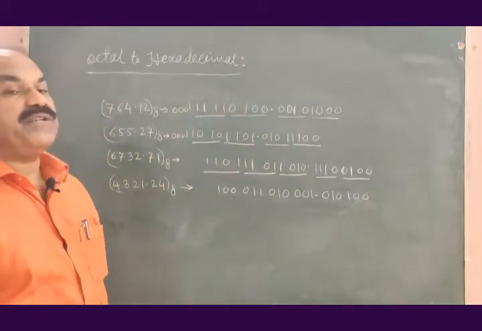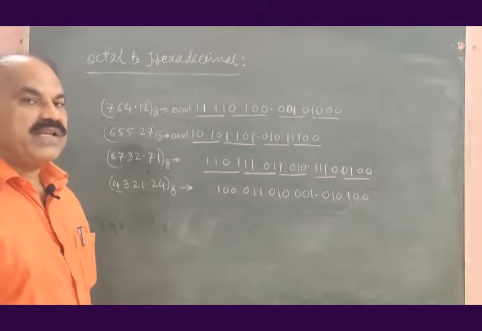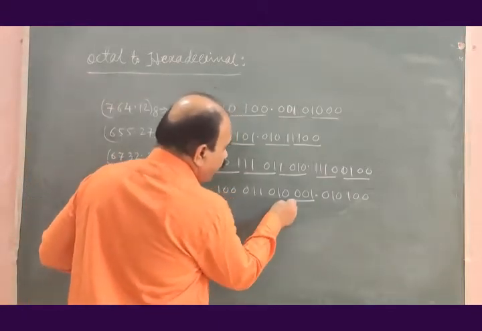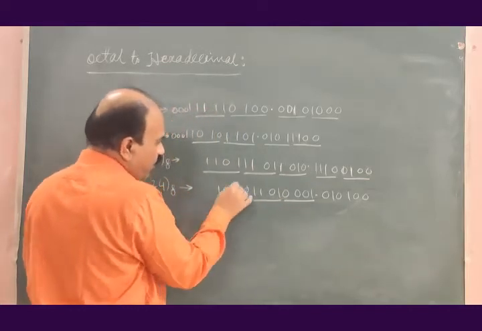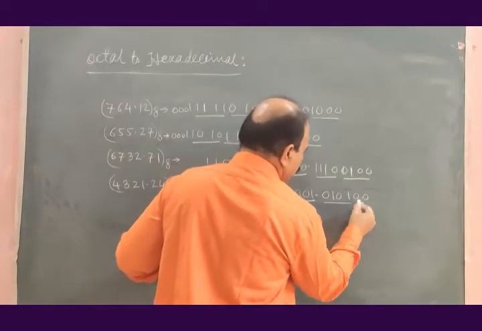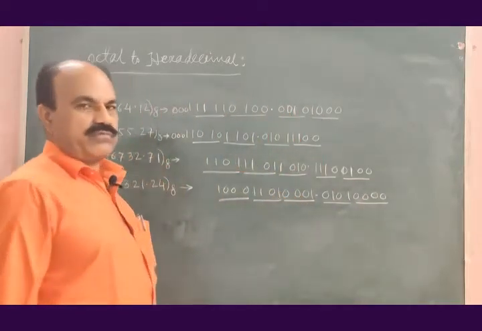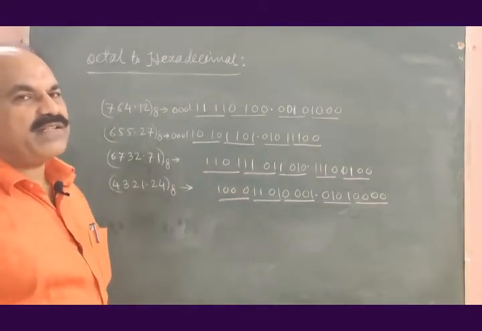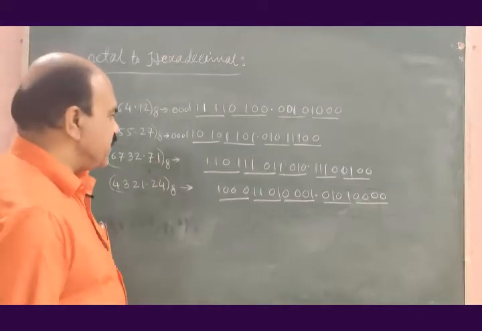Regroup these bits into groups of 4 bits starting from the binary point, with 2 zeros added, and replace each group of 4 bits by the equivalent hex digit.